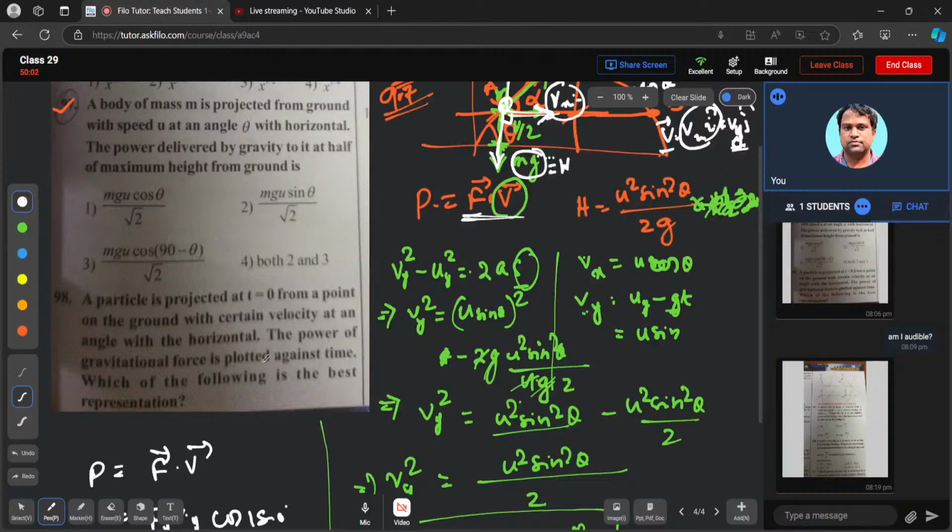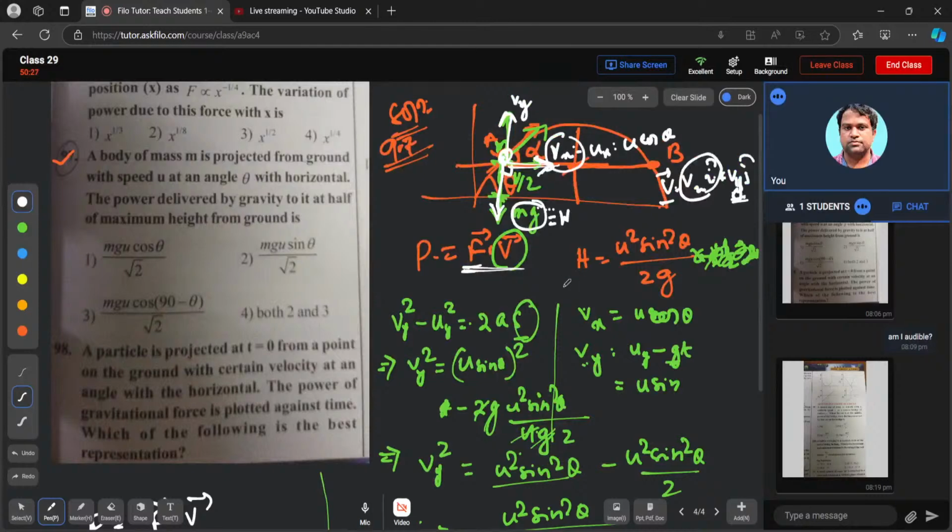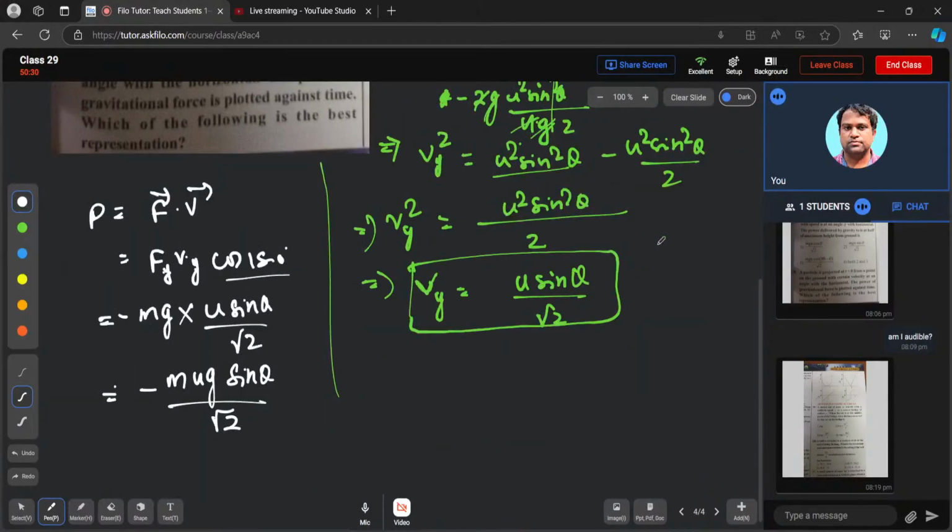Power delivered to it at its half, take the magnitude. Okay, so we are getting option number 2, it is mg u sin theta.